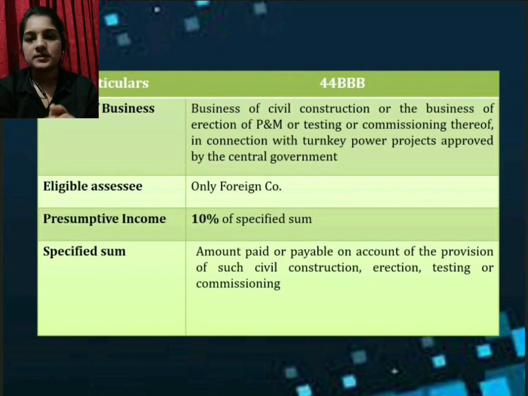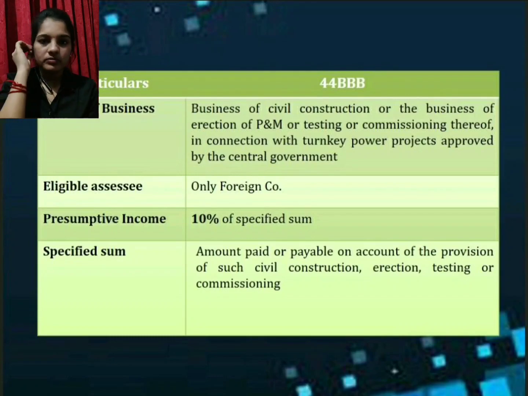What is the specified sum? Specified sum is the amount paid or payable on account of such civil construction or erection, etc. So, every eligible company under section 44BBB can declare income at the rate of 10% of the specified sum.